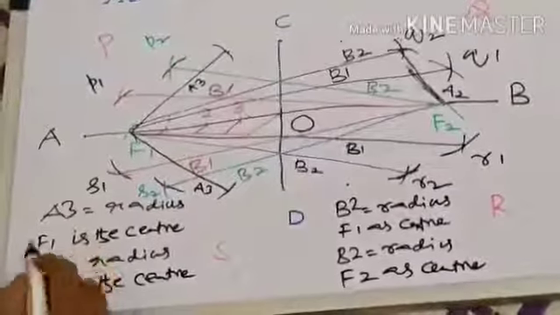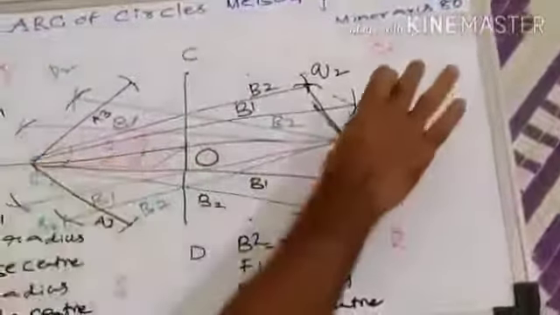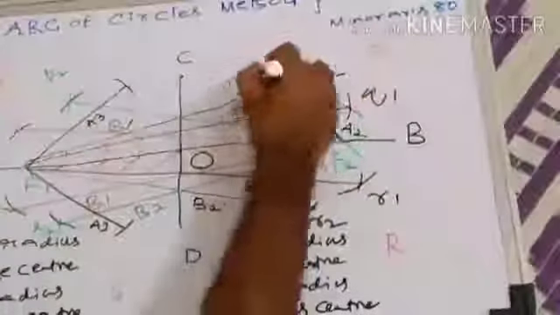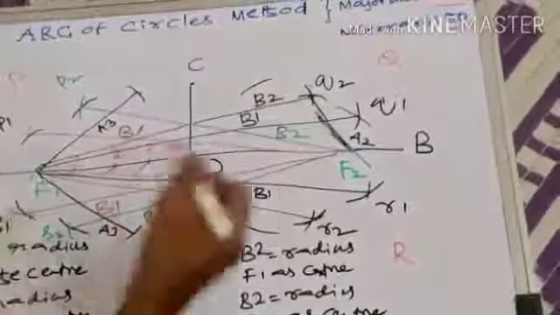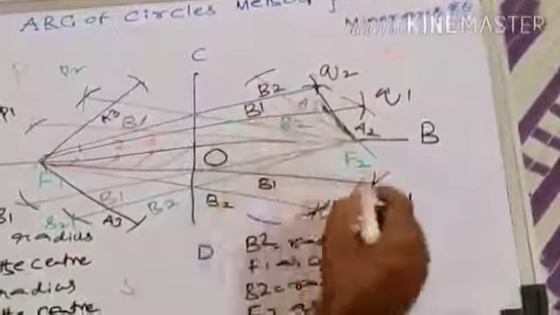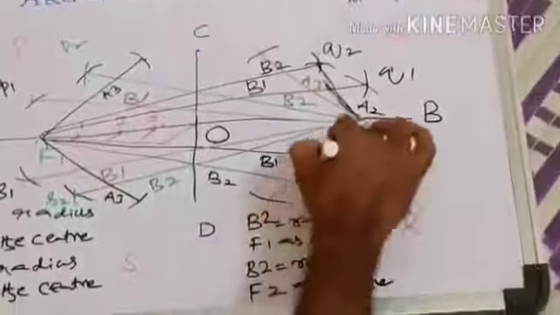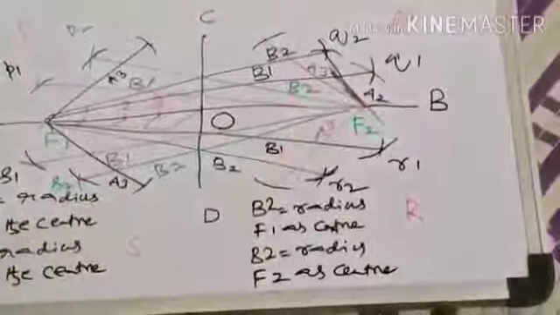Now A3 as a radius, F2 as a center. A3 is going to be its radius, F2 is going to be the center. Draw arcs in Q portion, R portion. So therefore this length is going to be A3 and this length is going to be A3.